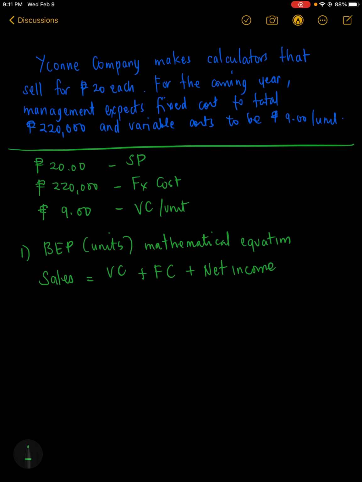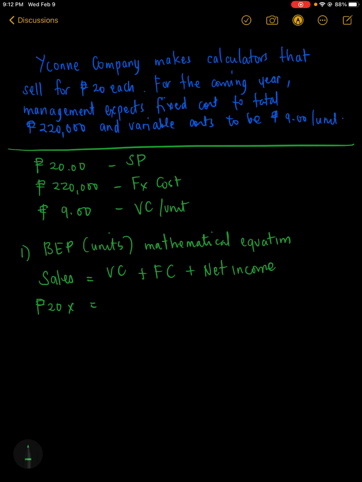Therefore, what we are looking for is quantity. So, how do we substitute this? Our sales, our selling price is 20 pesos, times X. We are looking for the BEP units.